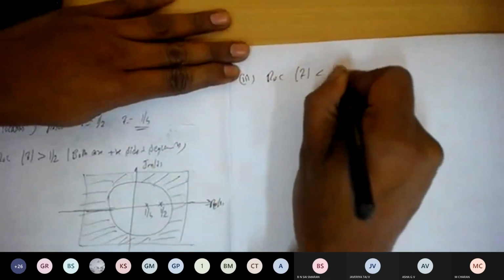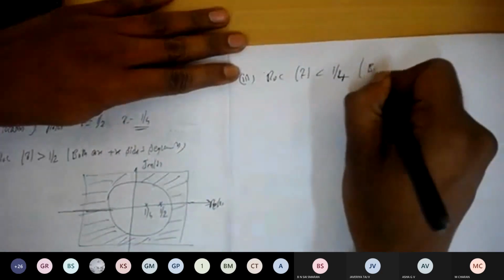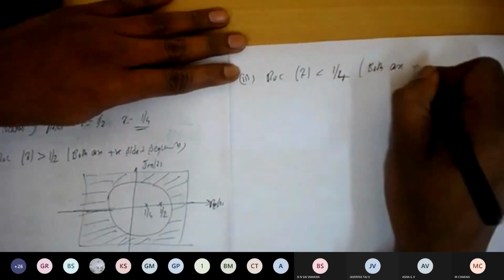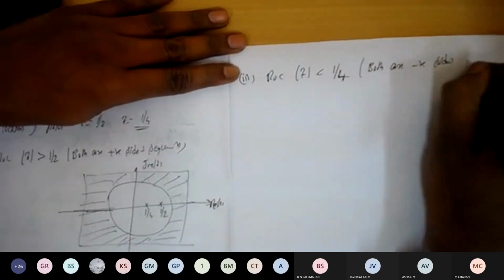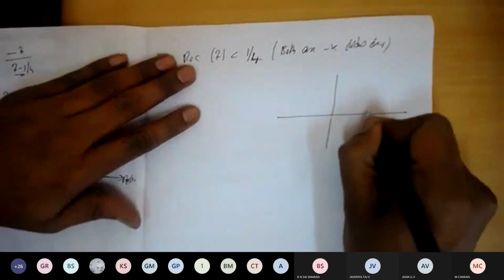The ROC is going to lie inside the minimum of these two. The minimum of these two is 1 by 4. So both are negative sided sequences, and the ROC is going to lie inside the circle for both.